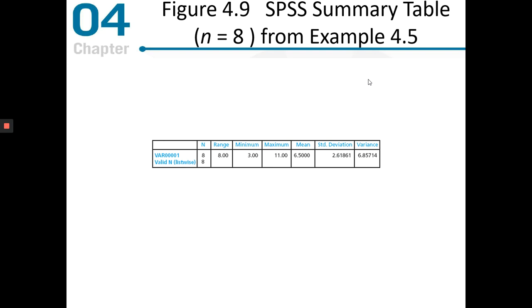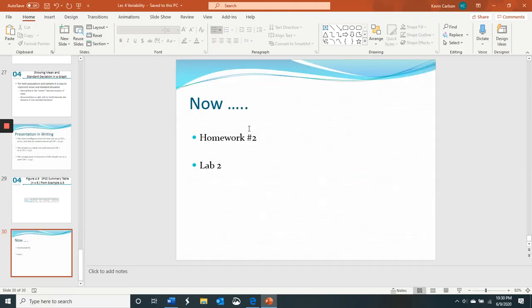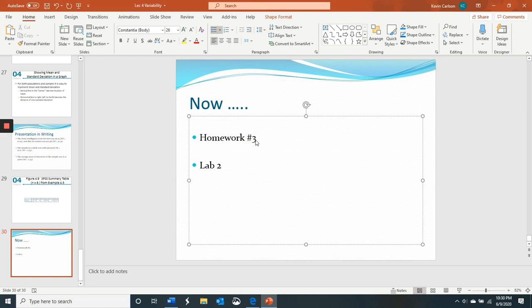This is just a highlight of what we're going to be talking about in the lab. We can run SPSS and generate these numbers. I will talk about this more specifically in the video about the lab. And fairly soon, I'm going to put up the homework. This is wrong, it's homework 3, because we had a nice little easy homework, which was your introduction.